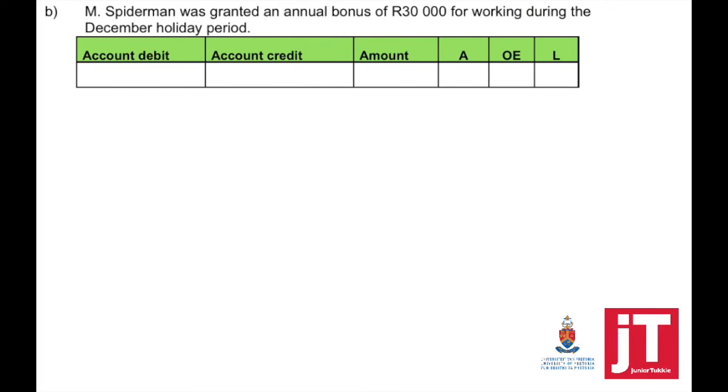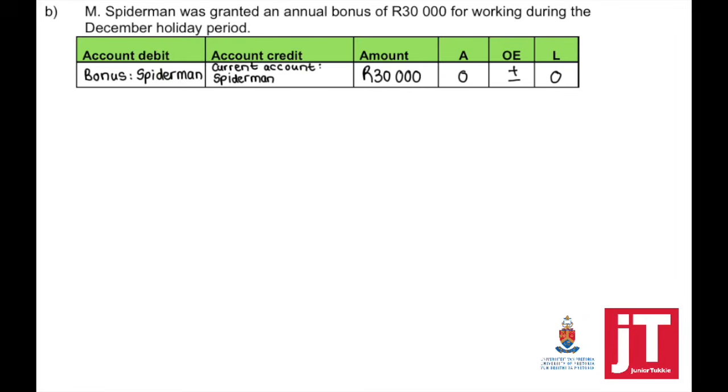Number B, Spider-Man was granted an annual bonus of 30,000 for working during the December holidays. It's not a must that both partners must get a bonus. It all goes by what is in the partnership agreement, which could be done verbally or written. Of course, it's much better to have a written agreement.